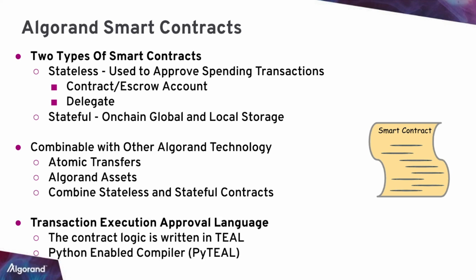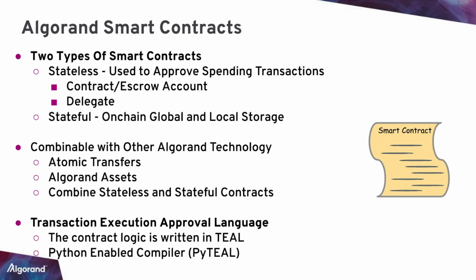And what's important to note is both of these contracts can be combined, not only with each other, but with other technologies that we already have, to produce sophisticated applications. For example, I can make a call to a stateful application and group it atomically with a payment transaction. So if either one of those transactions fails, they'll both fail. That's the idea behind atomics.